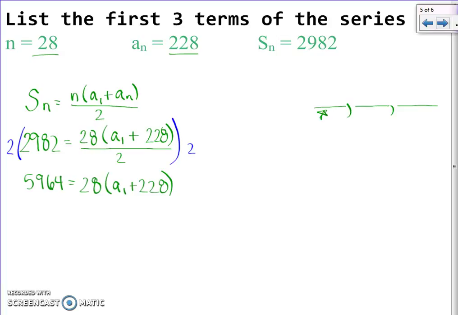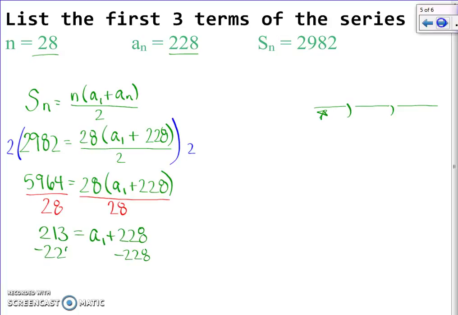You can distribute the 28, or you could get rid of the 28 by dividing on both sides. And we get 213. So now that 28 is gone, and then we can subtract on both sides. -15.